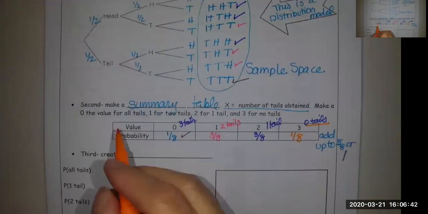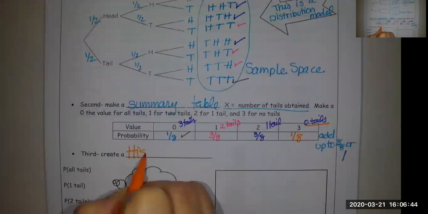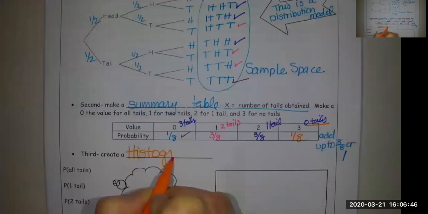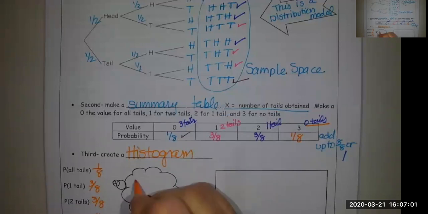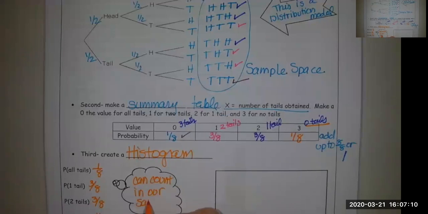Remember histograms? So all tails was 1/8. 1 tail was 3/8. 2 tails was 3/8. And all tails was 1/8. We can count them in our sample space.